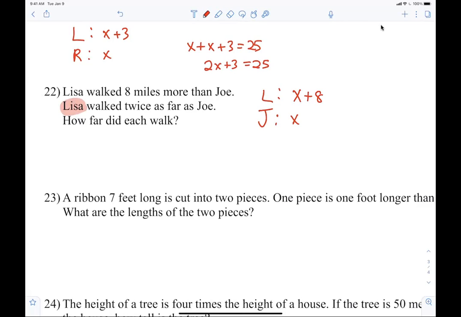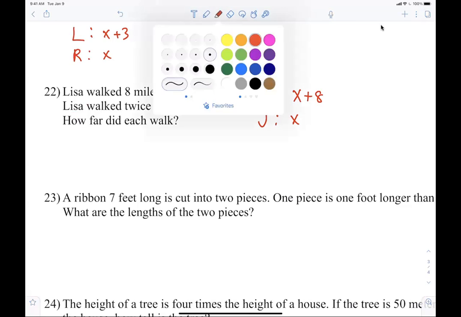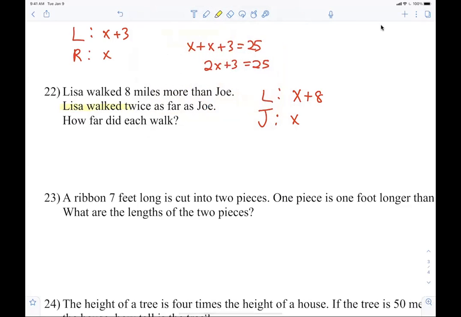Now, look, this is the translation now. Lisa walked X plus 8. Right, so now I'm translating this. Come on, guys, everybody, this is the hard part where you have to learn. Lisa walked twice as far as Joe. Lisa walked how much? X plus 8. That equals what?